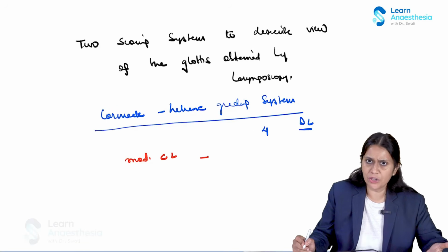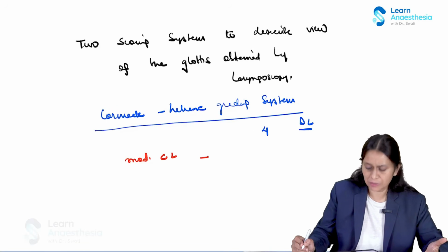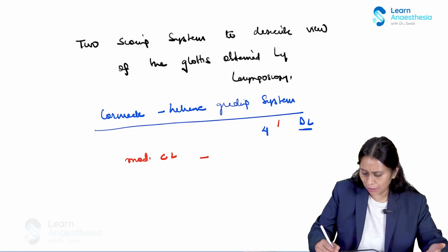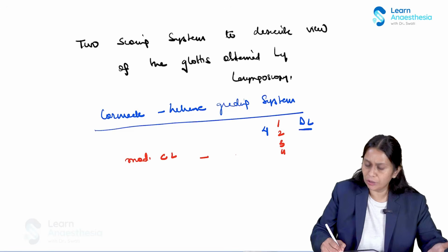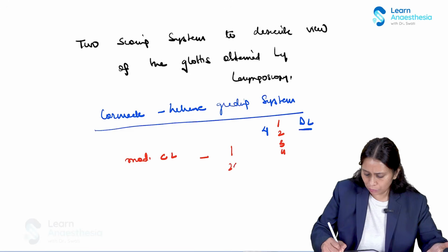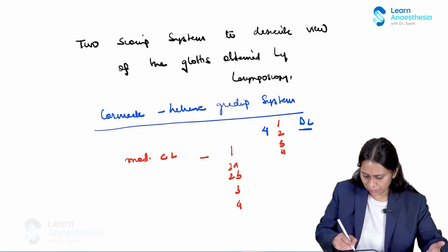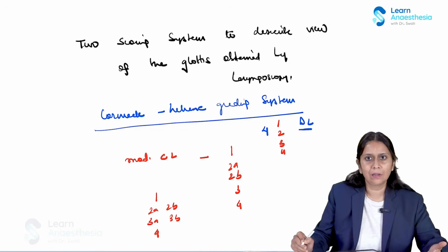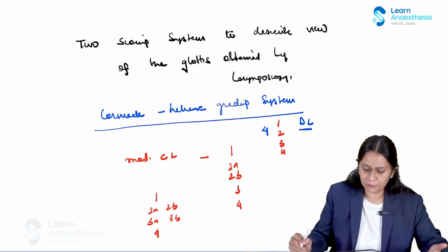So 2 modifications were done in the Cormack-Lehane grading system. First, it had 4 grades, 1, 2, 3 and 4. Then later on, in the modified Cormack-Lehane, 1, 2A, 2B, 3 and 4, and then a further modification was done in which 1, 2A, 2B, 3A, 3B and 4 were identified.